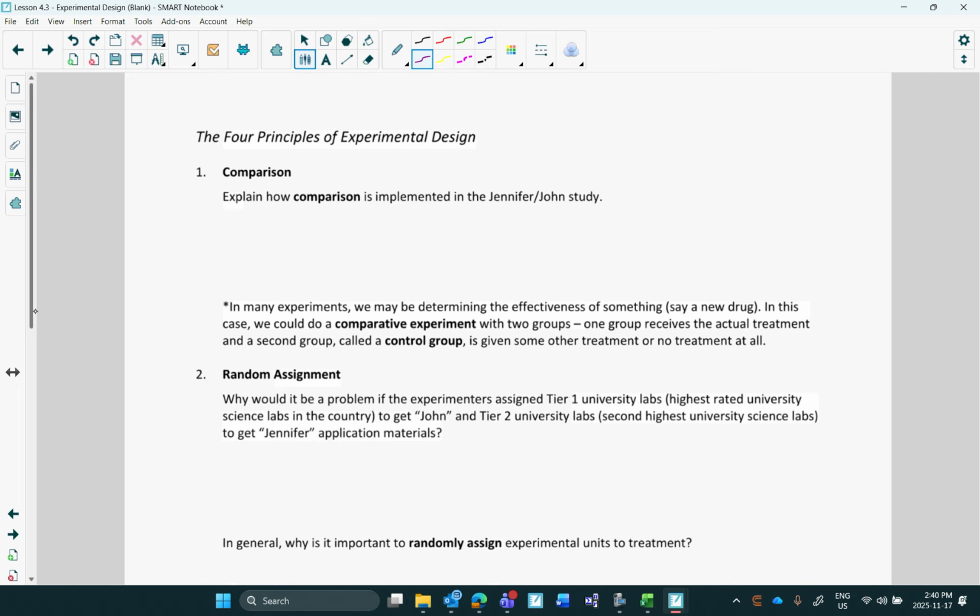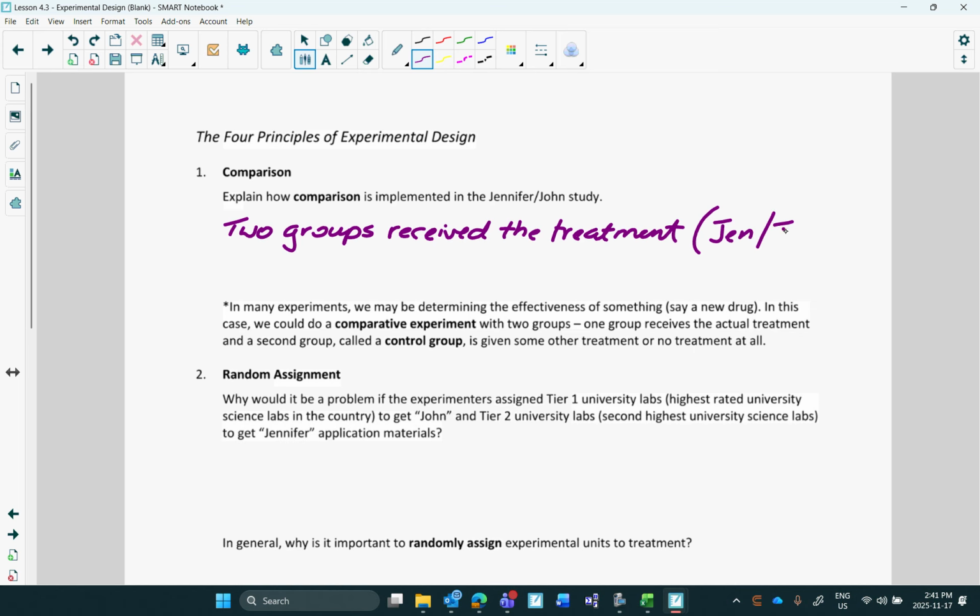I won't call them control groups, but two groups that received the treatment. And we compare hireability and salary.